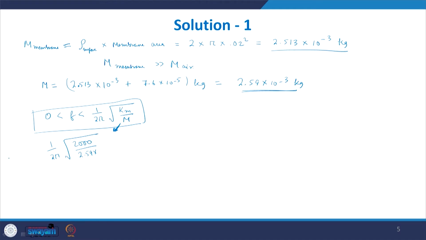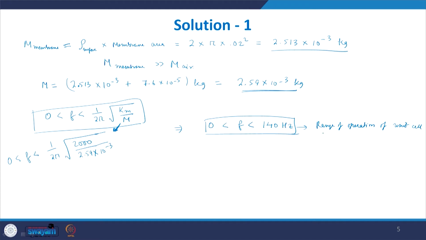So, the frequency lies between 0 and this particular value. Everything I am putting in SI units. So, the frequency range we end up with is 0 to close to 140 hertz. This is the range of operation of unit cell 1.